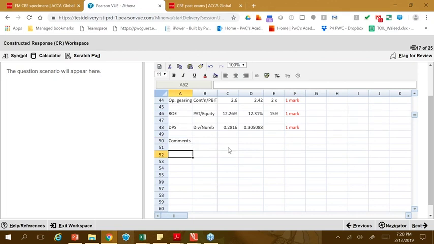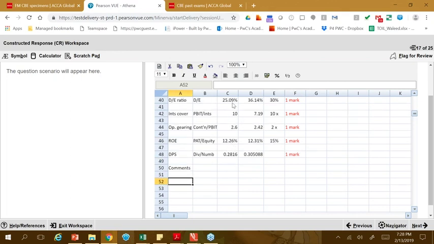I have to talk about these numbers. So what is happening to gearing? Current, going up more than average. So what we'll say here is the financial risk is getting higher as gearing is getting higher and interest cover is worsening.